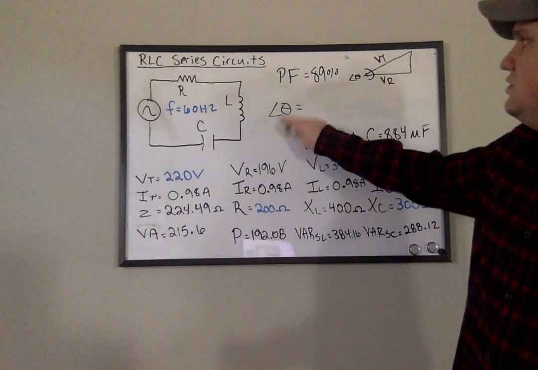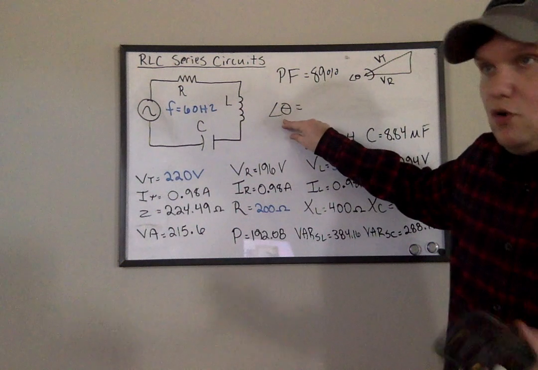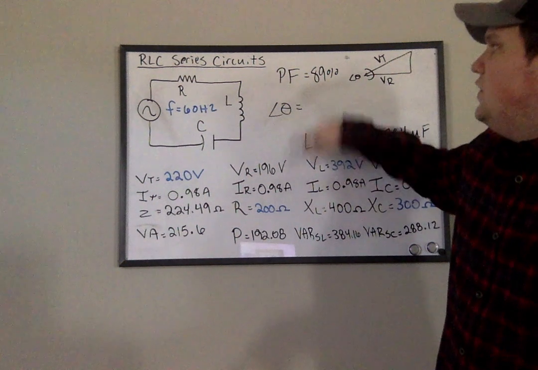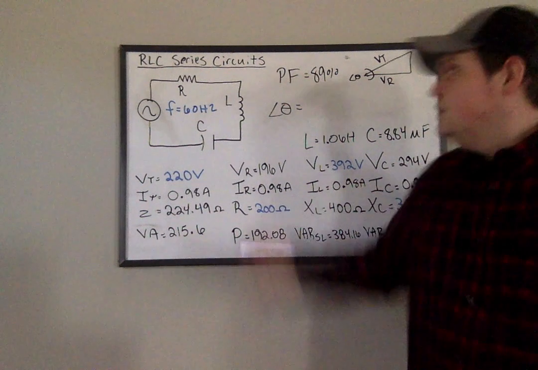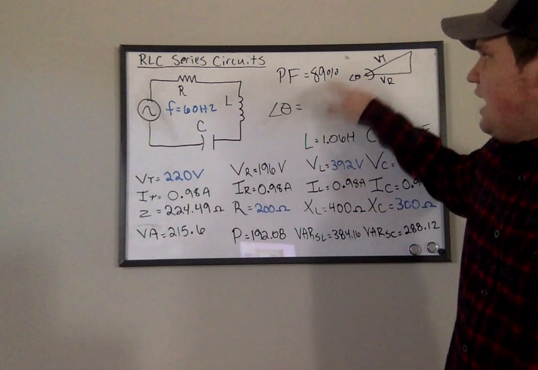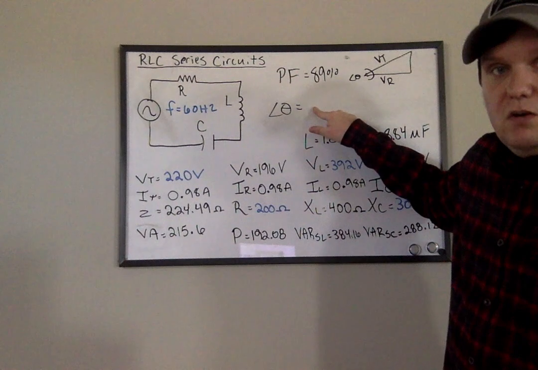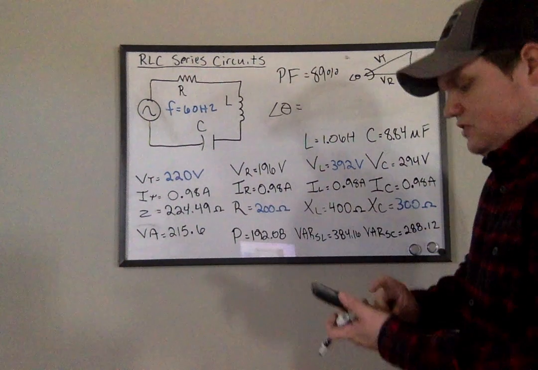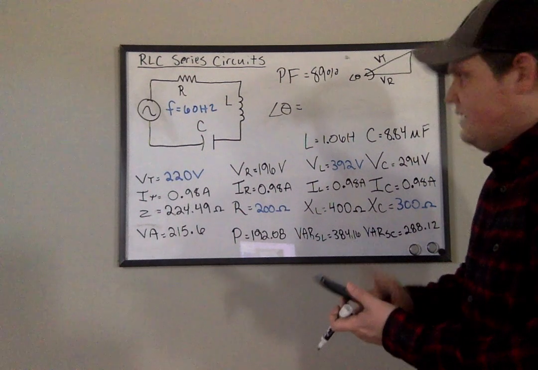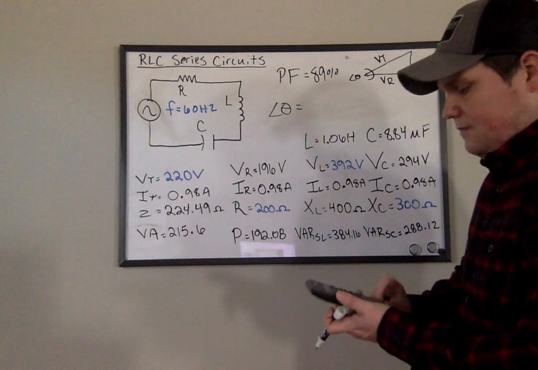So what that means is you can pretty much draw the conclusion that angle theta is going to be small. If your percentage is high, your angle is small, and then vice versa. So let's do 196 divided by 220 again.